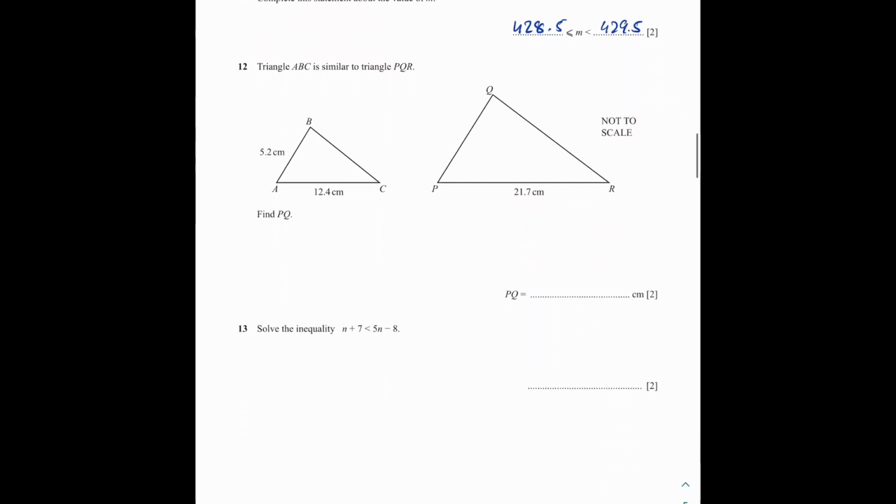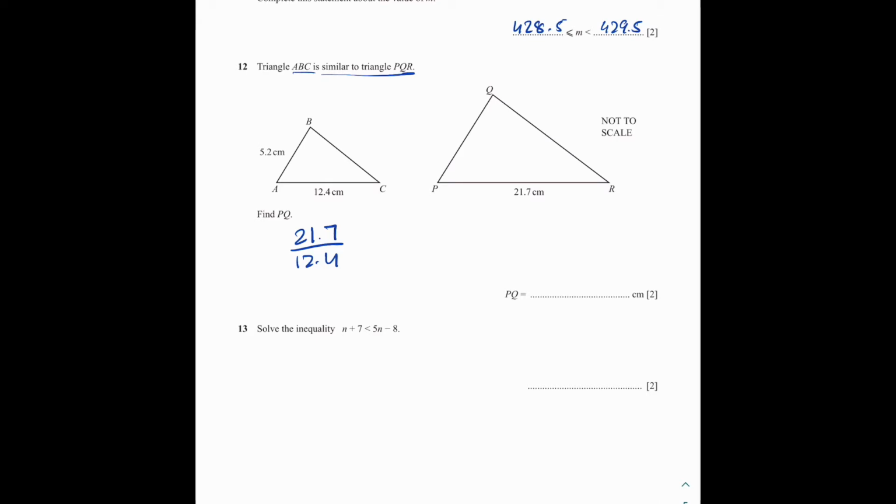Triangle ABC is similar to PQR. Find PQ. So 5.2, and 21.7 over 12.4. We are to find PQ.